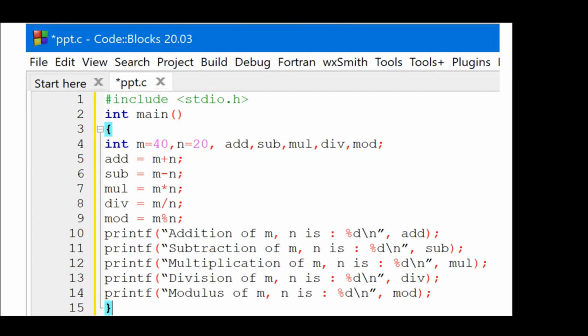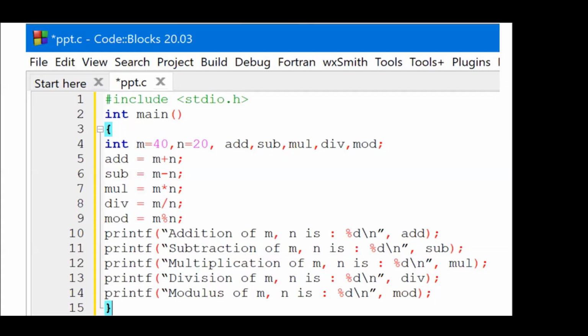Now, once all these are done, how do you get to know your output, to know that the operation has been successfully performed?